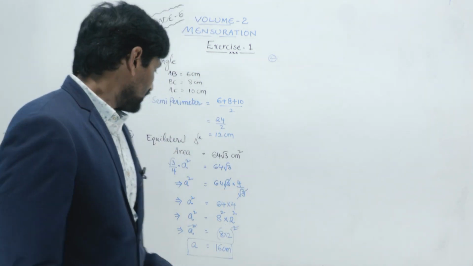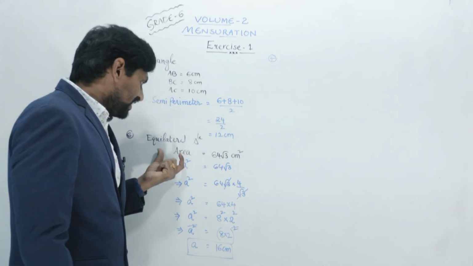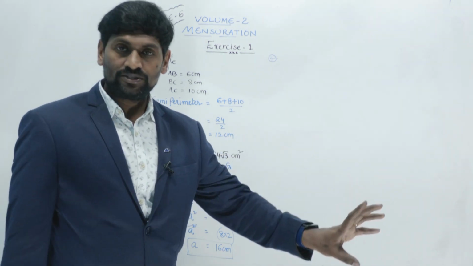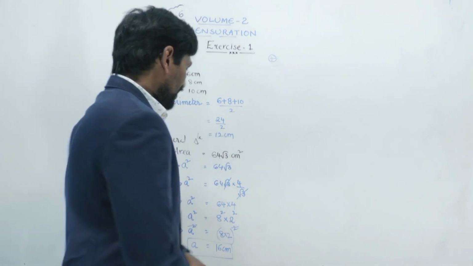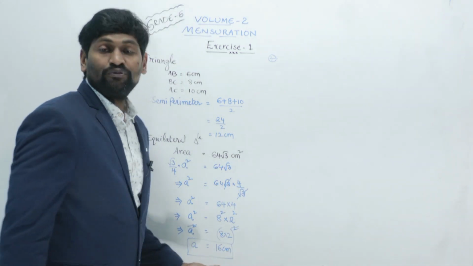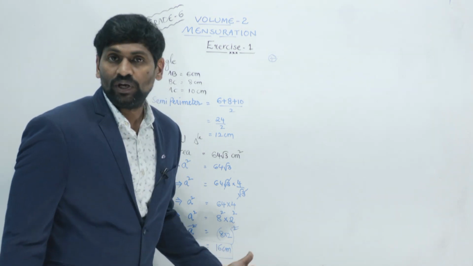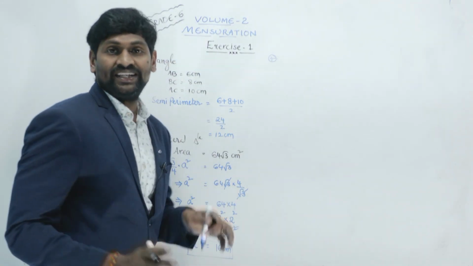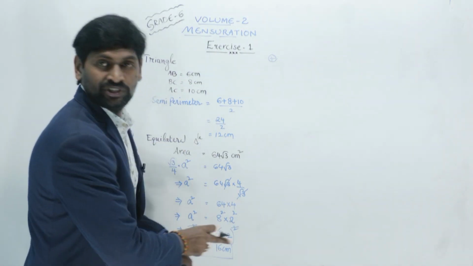That means the same problem, area 64 root 3 is given, but with an extension: we need to find the perimeter. So using the same process, we first find the side of the equilateral triangle, and then we find its perimeter. So I am continuing the problem.